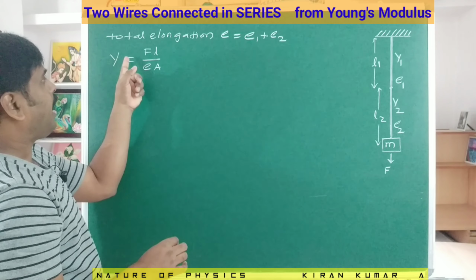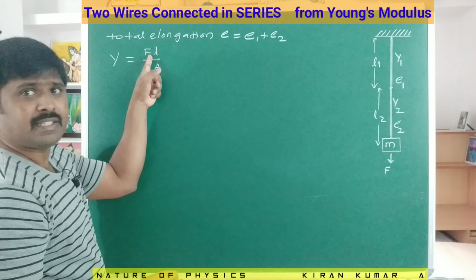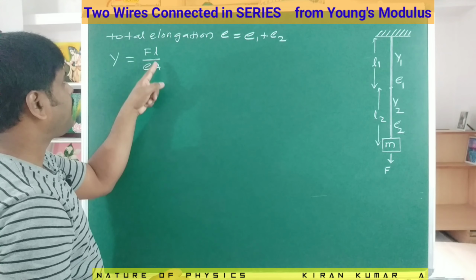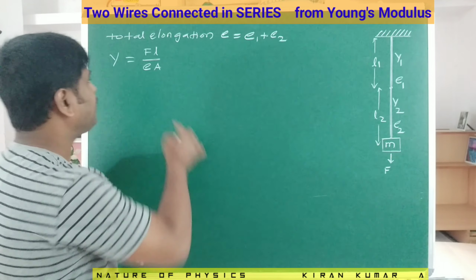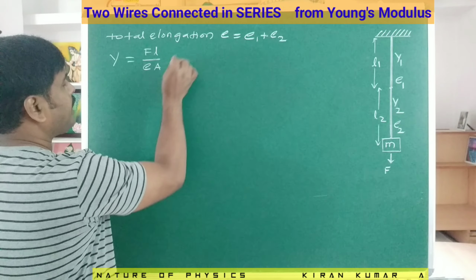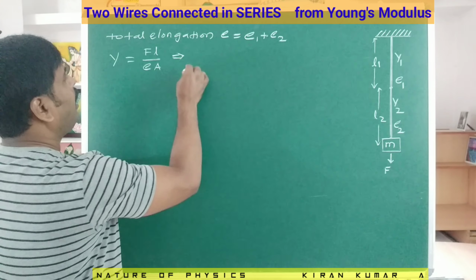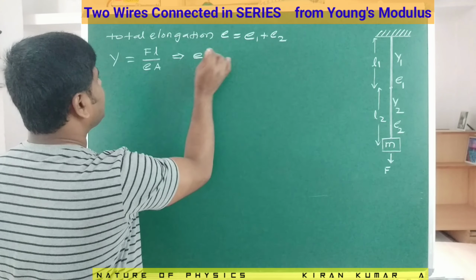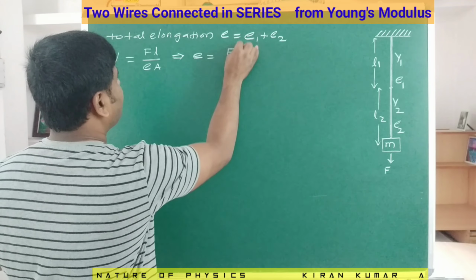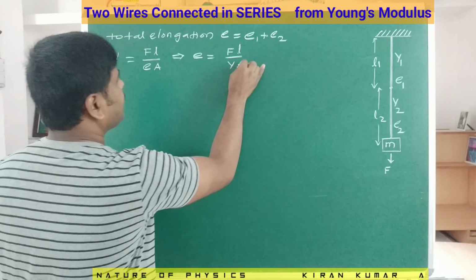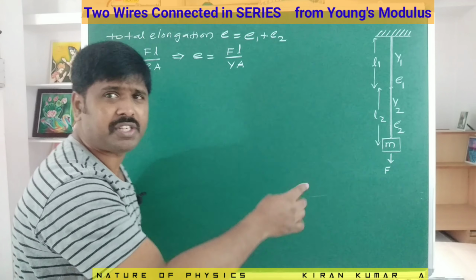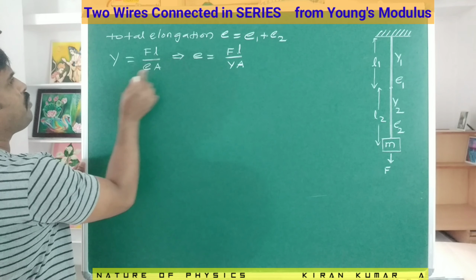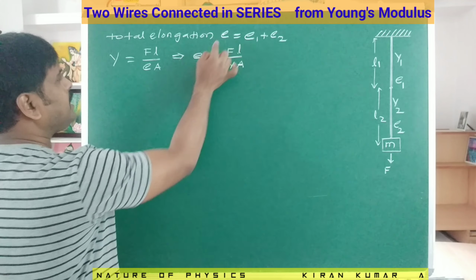Young's modulus is defined as the ratio of longitudinal stress F by A to longitudinal strain E by L. After rearranging, we get this equation. Now the elongation equation: E is equal to FL divided by YA. Now the values are replaced in the above equation step by step, for E1, E2 and also E.